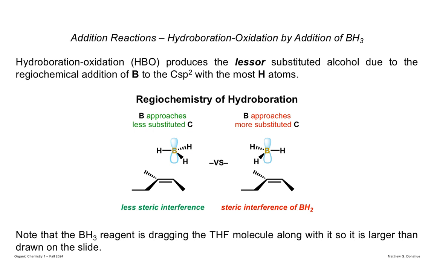And so this is those other reagents I showed you where you had carbon substituents. Imagine these were carbon. The H and the B approach the alkene such that the smaller H group interacts with the larger groups of the alkene.